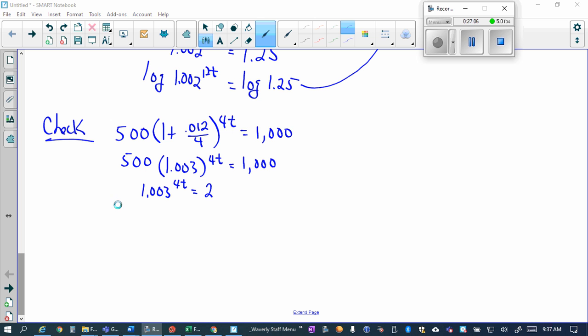So if we do it this way, log base 1.003 of 1.003 to the 4t is log base 1.003 of 2. Right? So these two undo each other, and we're left with 4t equals this.